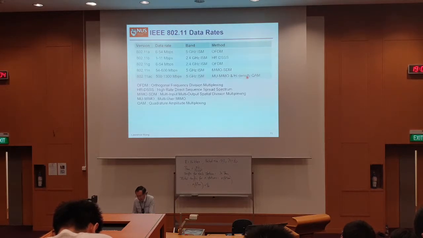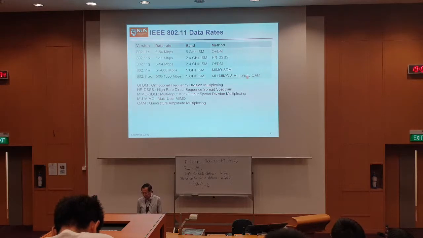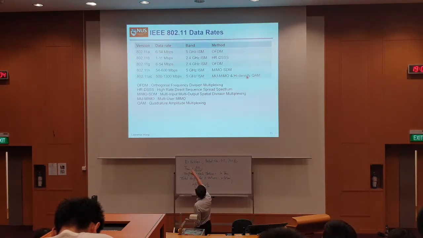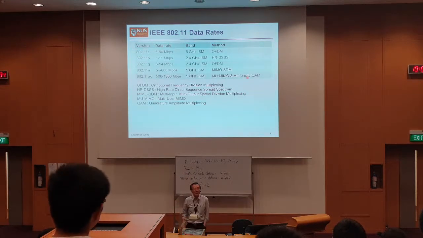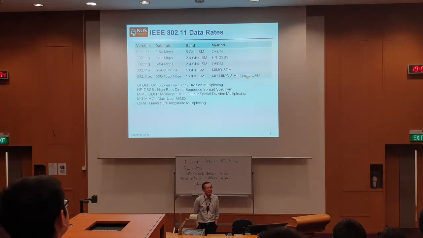Okay, what data rates are we expecting? 11A is 6 to 54 megabits. The original one was, but somehow, for some reason, when it reached the market, B came up before A. Why?